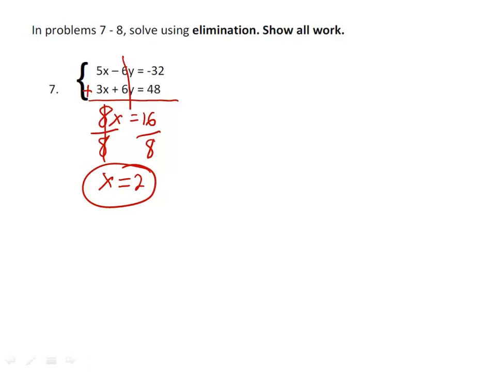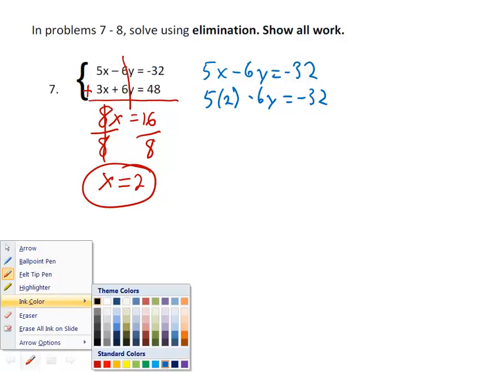Now, once we've got that first variable, we just pick one of our two equations to find the second variable with it. So I'm going to just take the top one, 5x minus 6y equals negative 32. In place of x, I'm going to put 2. And what do we have?